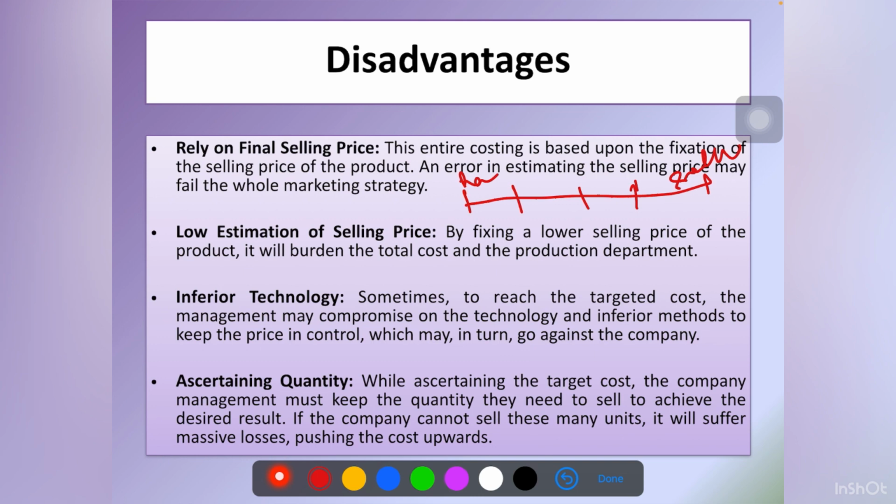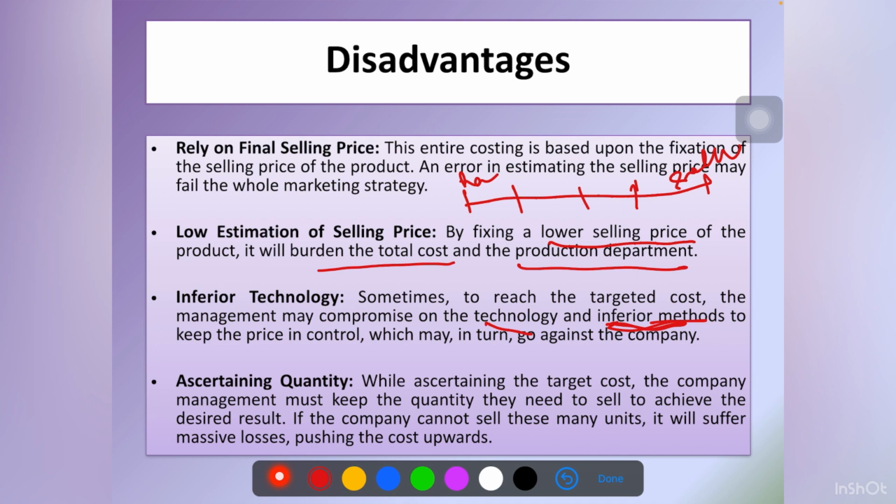Low estimation of the selling price. Now if we do a low estimation of the selling price, then there will be a burden on other departments like production and the cost departments, right? Further is inferior technology. If you want to earn more profits, the company might use inferior technology, or it might use inferior methods to reduce the overall cost of production.